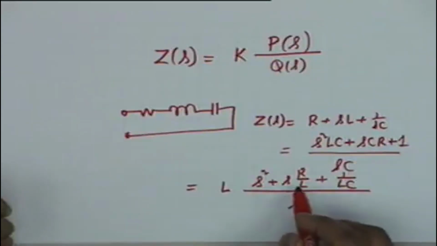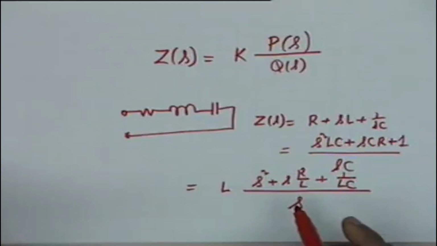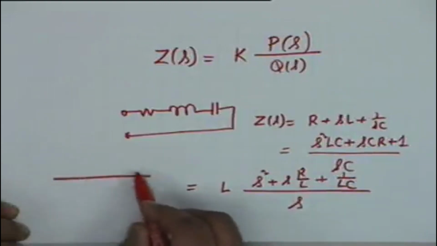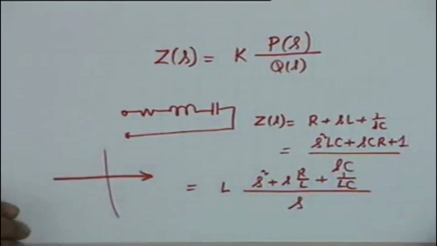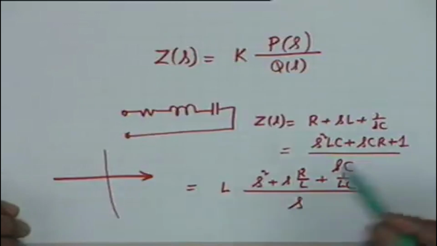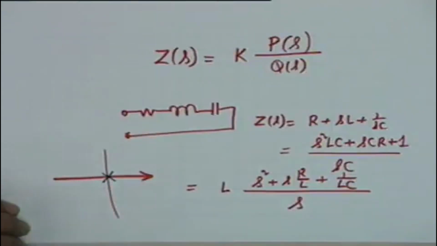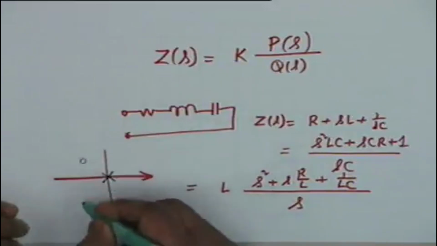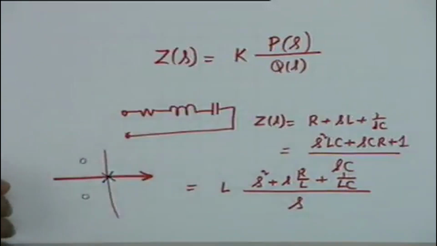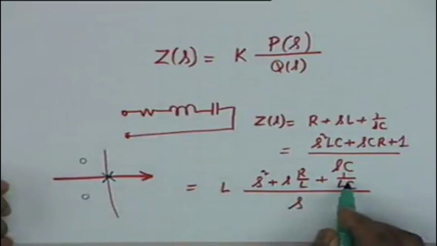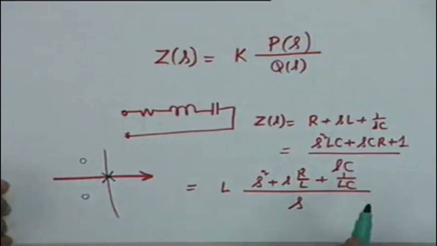Now the numerator has therefore two roots. The denominator has only one root. Where are these roots? The denominator root, where is it? It's at the origin. So there is a single pole at the origin, and if the roots of the numerator are, let's say, complex, then we shall have two zeros like this. You also notice that if the roots are complex, then they are complex conjugates.